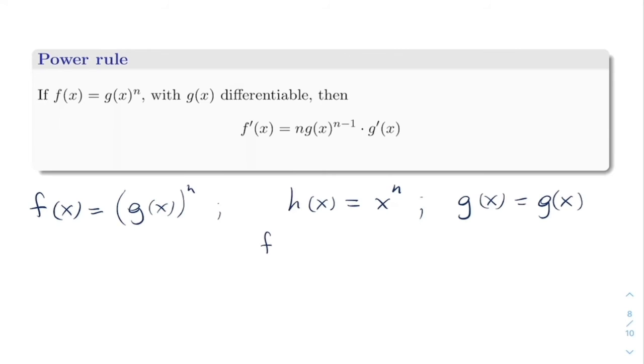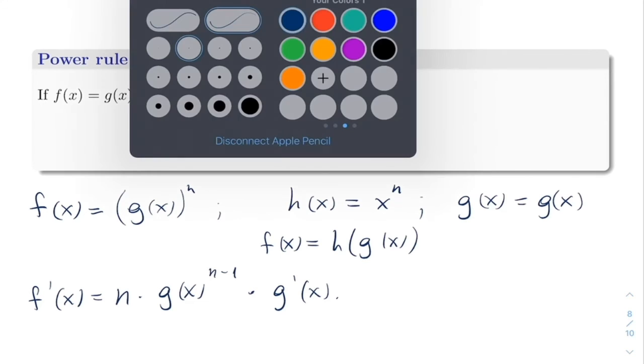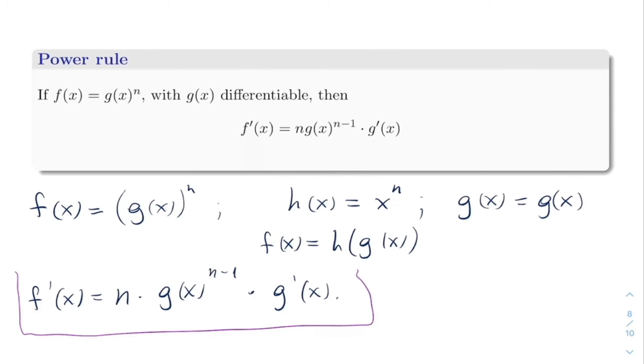So f of x will be equal to h composed with g. And now using the chain rule, the derivative of f will be equal to the derivative of h, which is n times g of x to the n minus 1, times the derivative of the inside function, which in this case is g. So this is how we obtain this formula here.